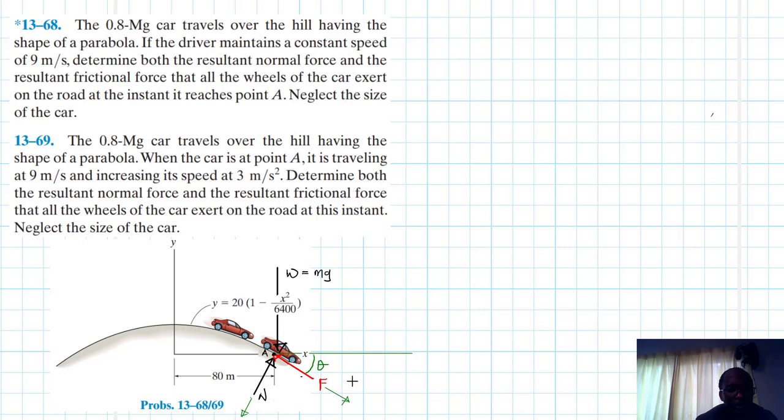Let's label these. So this is t, tangential, and this is n. And then we do have motion along this direction and along that direction.